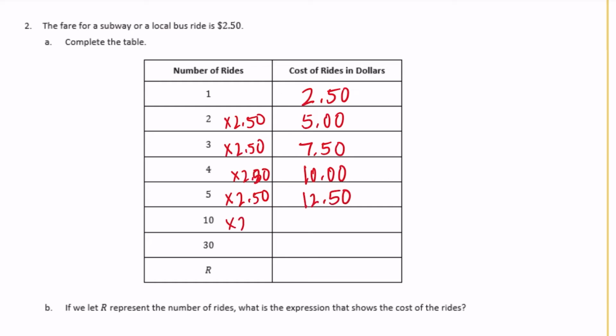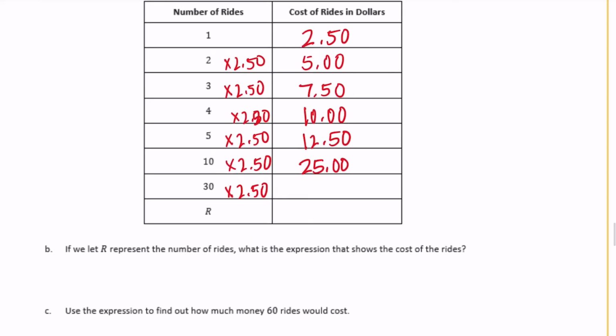10 times, so times 250 would be $25. 30 times 250, it's getting a little bit bigger, but I know 10 times is $25, so I could just multiply that by 3 and get $75. And then R times, we'd have to do 250R.